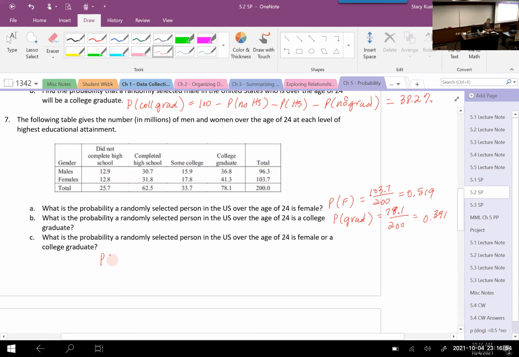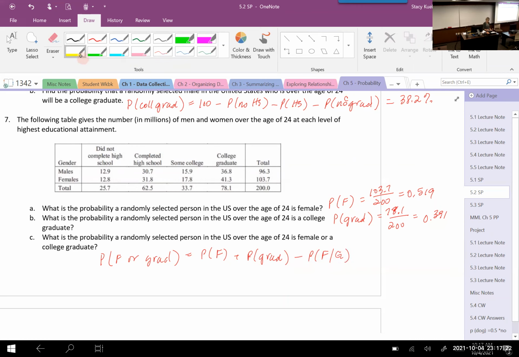What is the probability of a female or a graduate? That is what type of a statement? It's addition, right? Are they mutually exclusive? No, because you can be female and a college graduate, right? So we're gonna take the probability of female plus the probability of graduate minus the probability of female and a graduate.